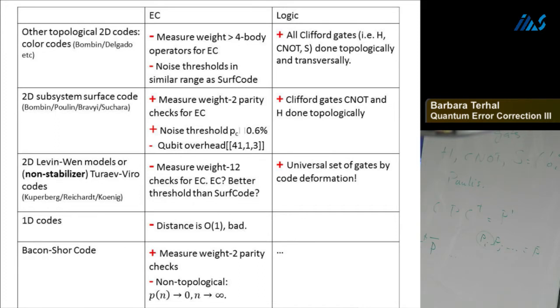But the one disadvantage of this code is that the qubit overhead is large. For example, for their smallest code, you encode 1 qubit in 41.